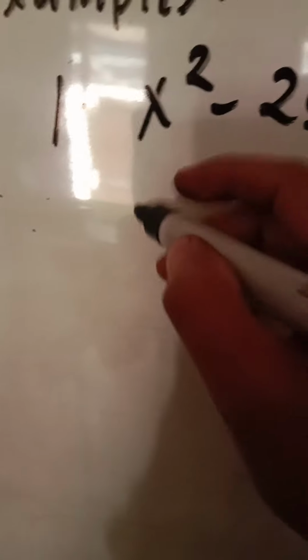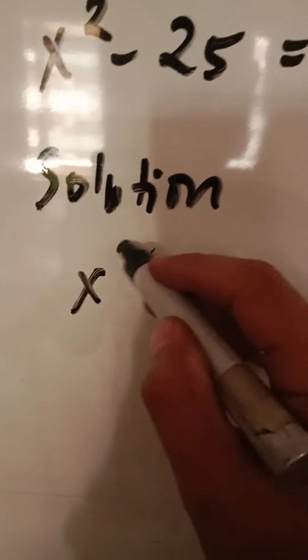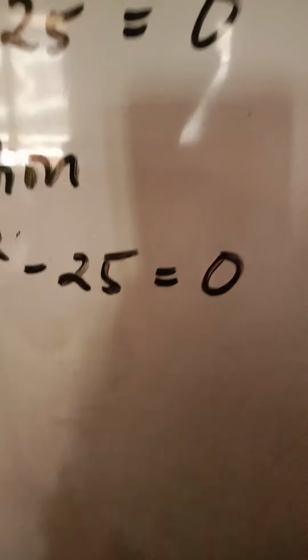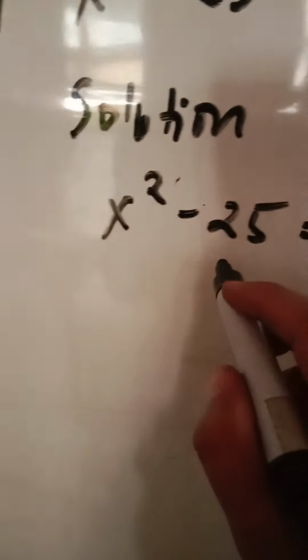x squared minus 25 is equal to 0. For the solution, x squared minus 25 is equal to 0. You have to transpose the negative 25 to the right side, and the negative becomes positive.